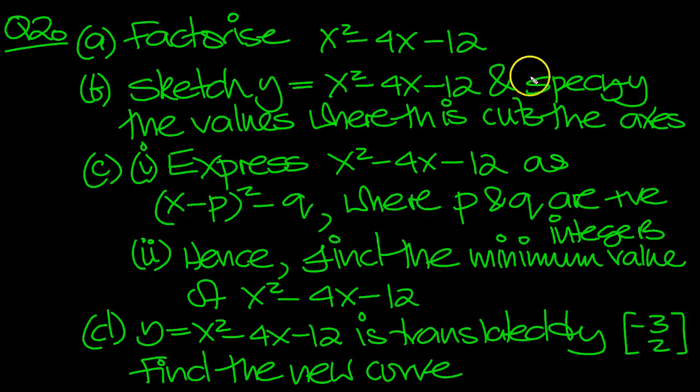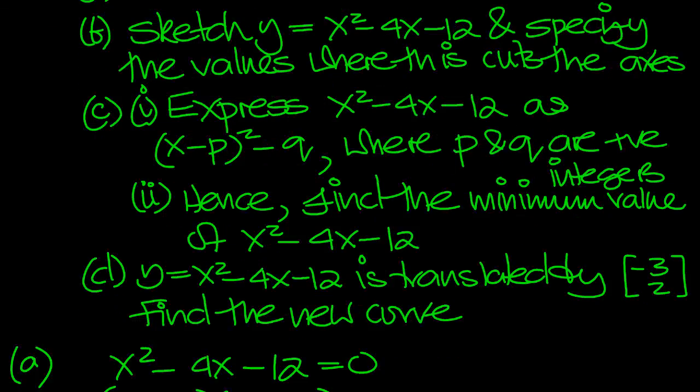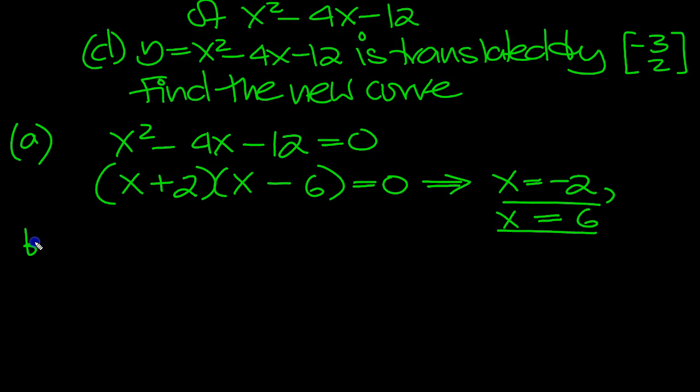Sketch this curve and specify the values where this cuts the axes. So let's have a look at B. So we'll do a quick sketch then. I'll try and draw an axis as best I can. Like so.